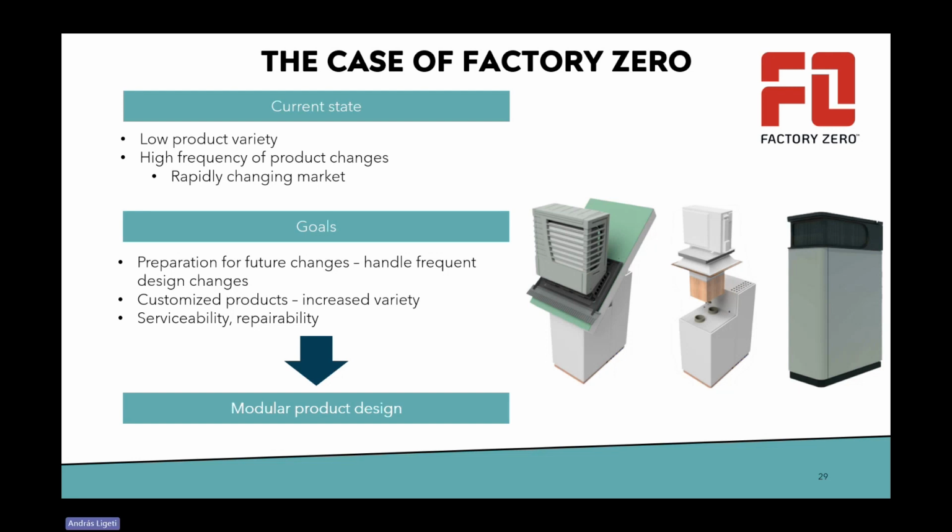They also wanted to increase the variety, to have more than 3 variants, because they had seen that the customer actually needs more product variants. And they also wanted to improve the serviceability and repairability. So these were the main motivations for them to go for the modular product design.